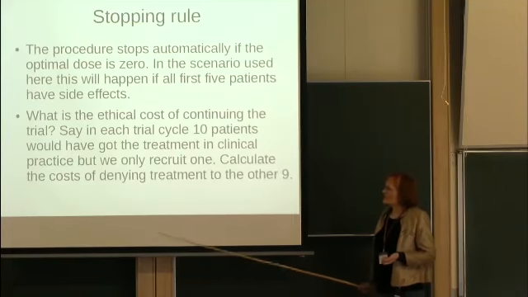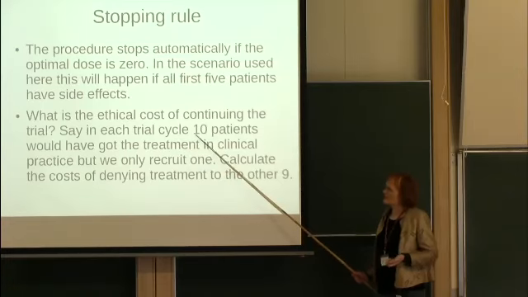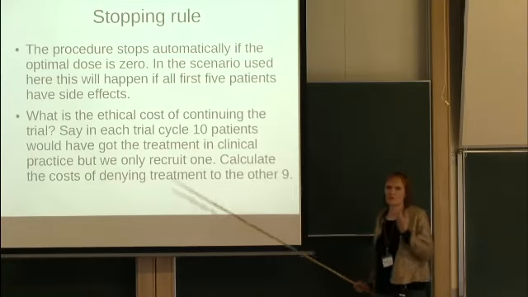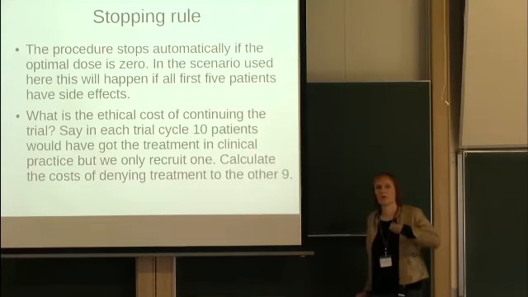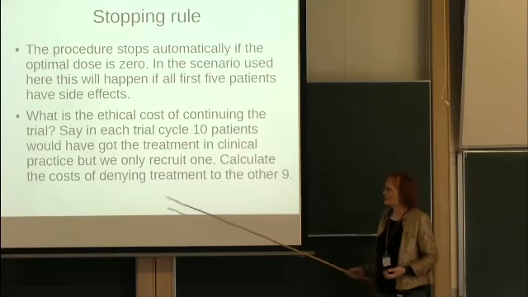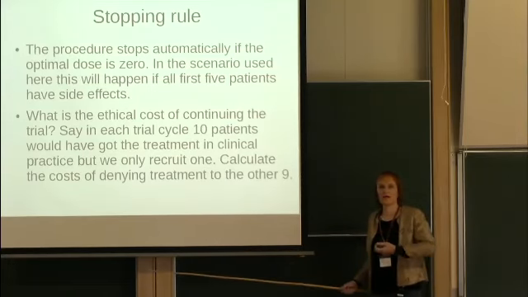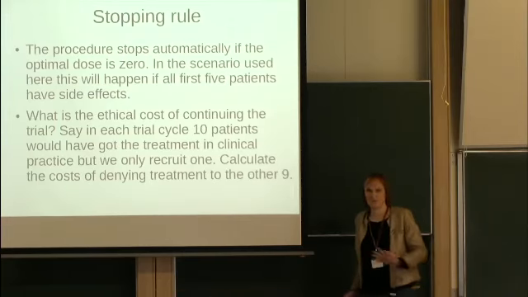But if one were to make a purely ethical stopping rule, then one could say, for example, that in each trial cycle there are 10 patients that would have been eligible for treatment if the drug had been on the market, but as long as the trial goes, only one of the patients will be included. So something we have to add to the cost of continuing the trial is the ethical cost of denying these 9 remaining patients treatment.